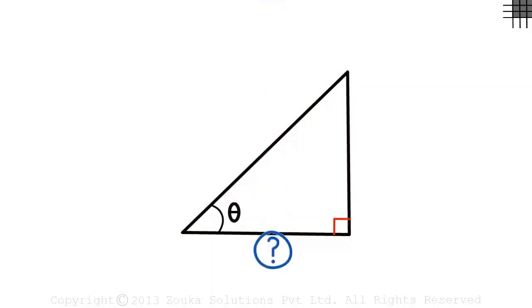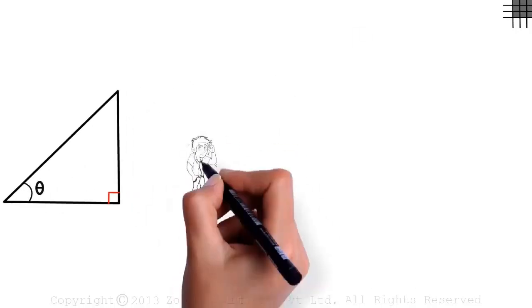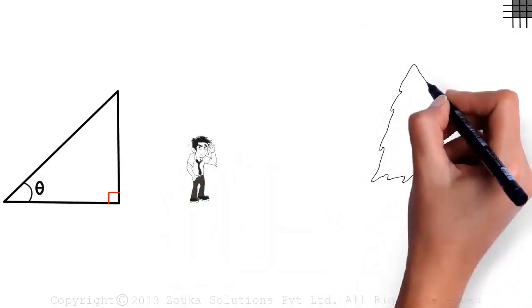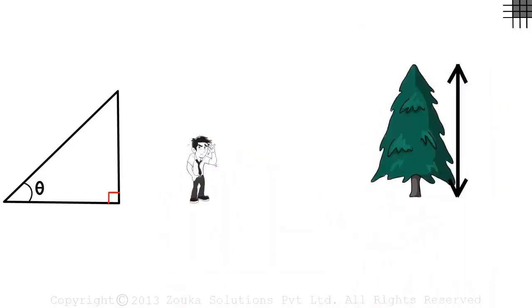But how do these kind of triangles help us in real life? How does trigonometry help us in real life? Let's say Zen wants to find the height of this tree. He has to measure this length, which is the height. One way is to make an approximate guess, but a better way to find the height is by using trigonometry.